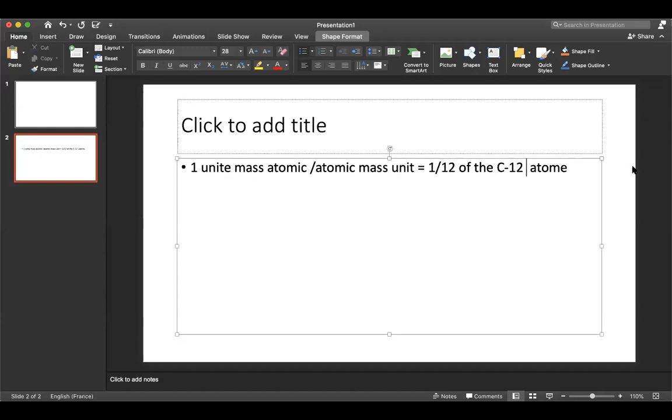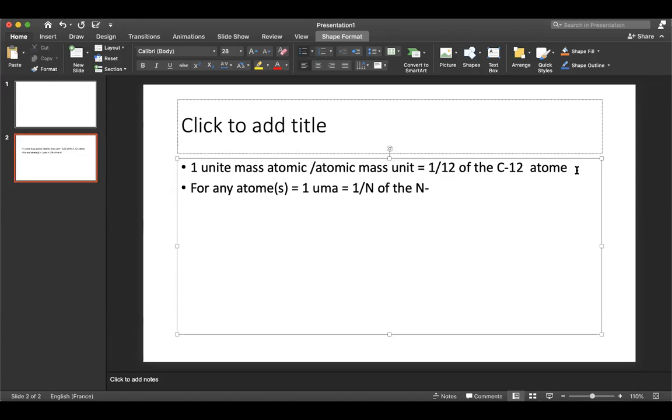Of the carbon 12 atom, which will also mean for any atom, it will imply that 1 atomic mass unit is equal to 1 over n of the n.